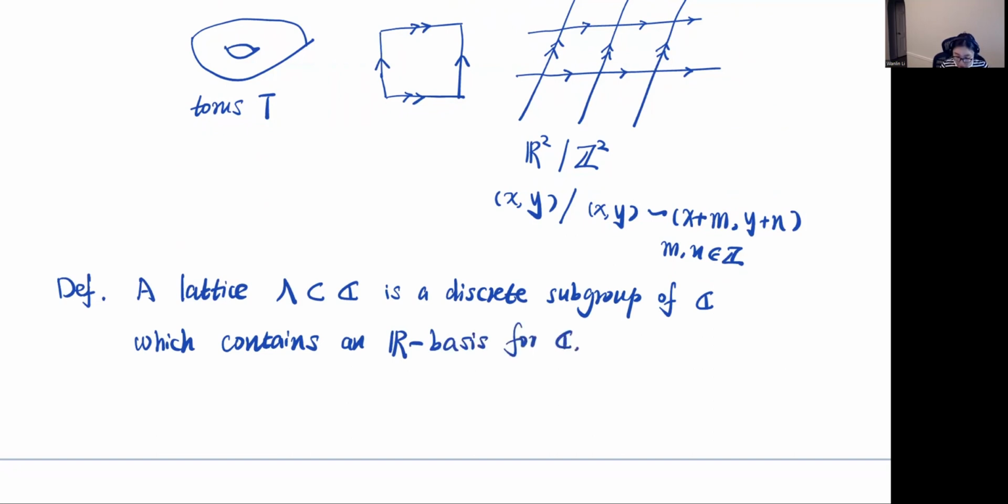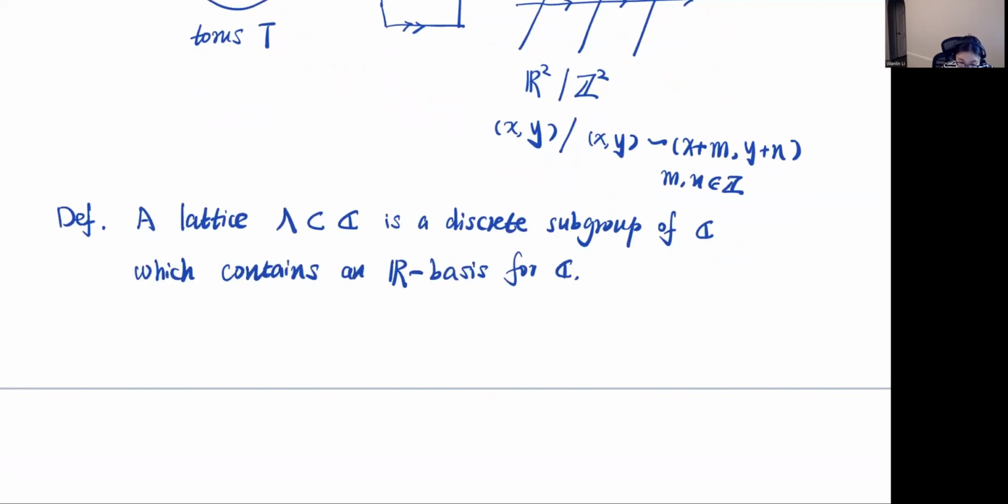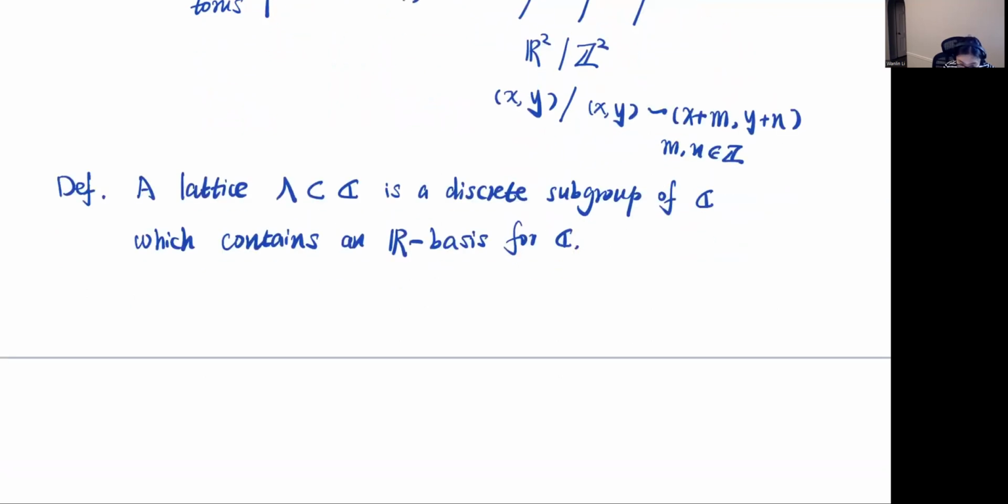Okay. So moreover, this is a question that I'm leaving to you: such a lambda is actually always a rank 2 free Z module.